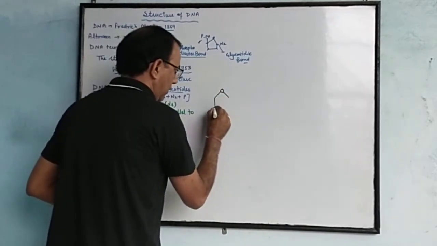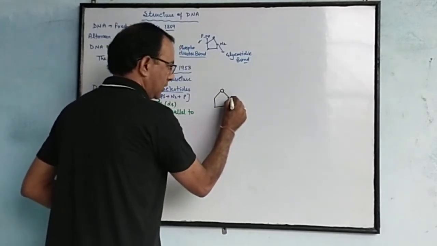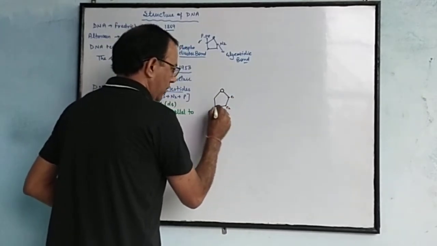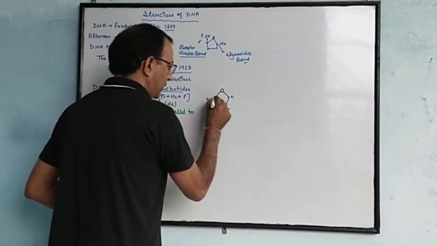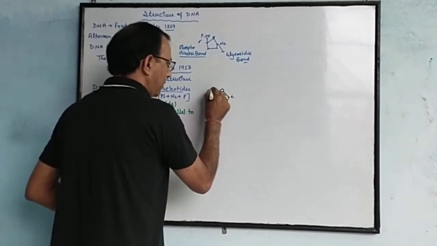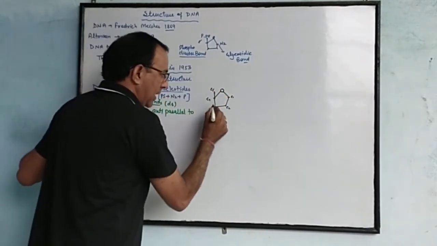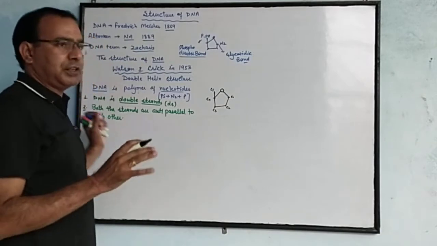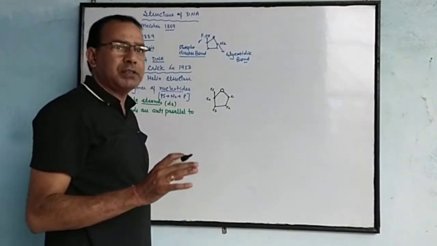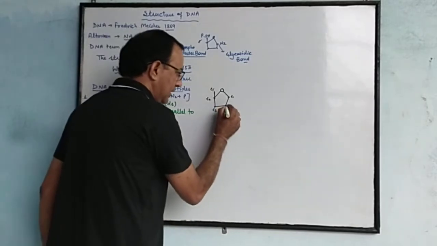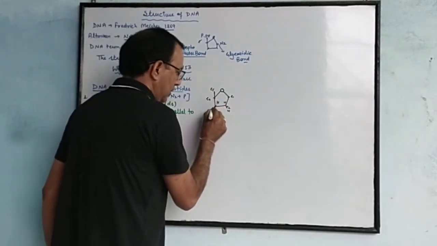It contains carbon number 1, carbon number 2, carbon number 3, carbon number 4, and the fifth carbon here in the form of R. As we know, DNA is deoxy. Why is it called deoxy? Because at the second position the oxygen is reduced. Here it contains H and H, and at the third carbon, H and OH.